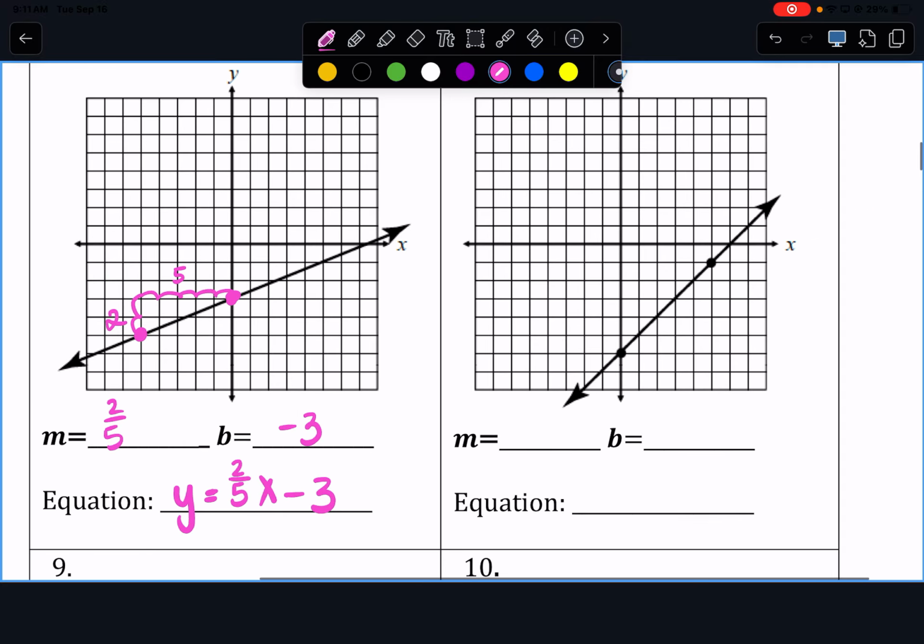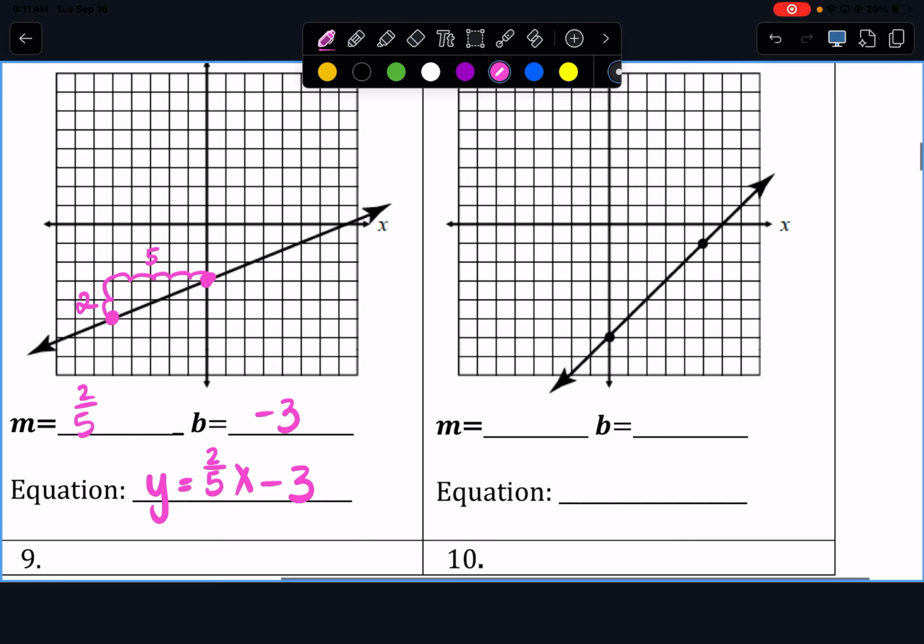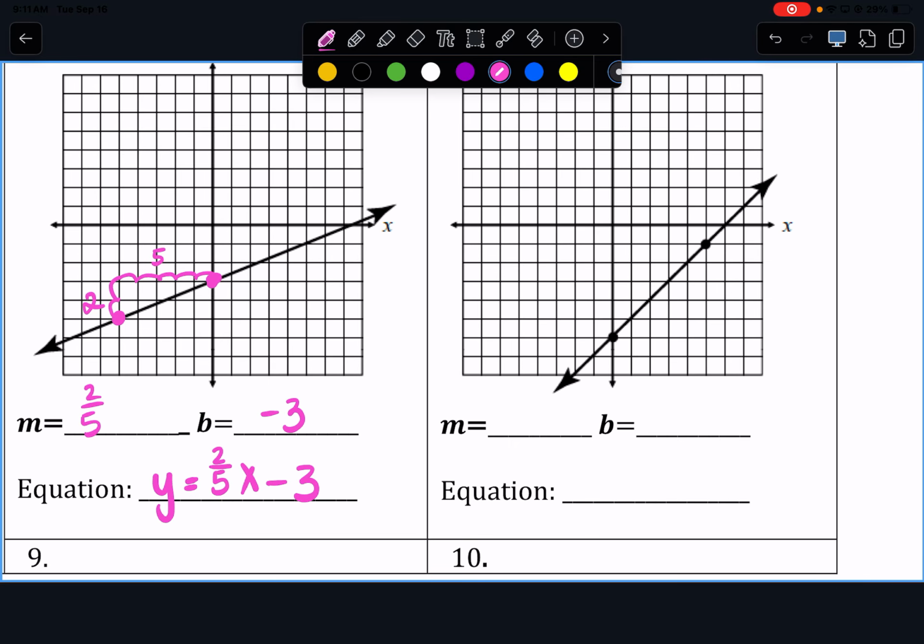And then we're going to look at number 8. So what's our y-intercept for number 8? What was that? -6. And then to go from point A to point B, I need to rise how many? 5. And then run how many?